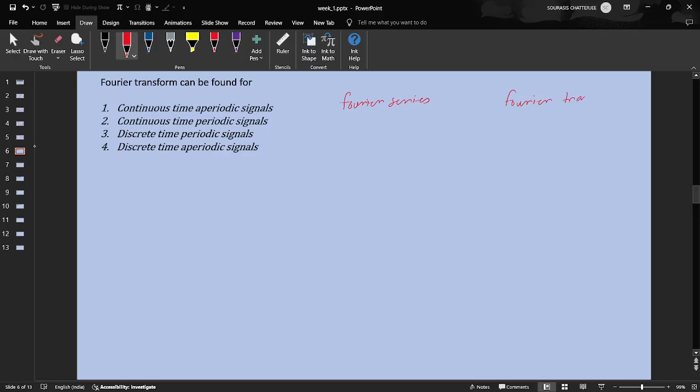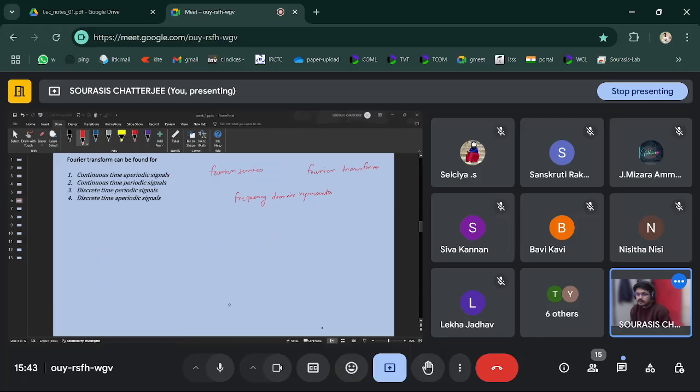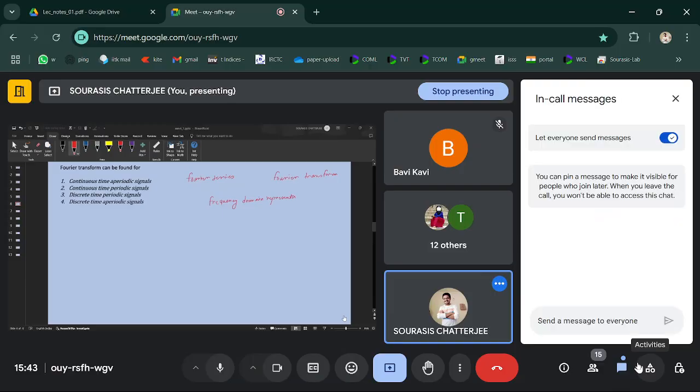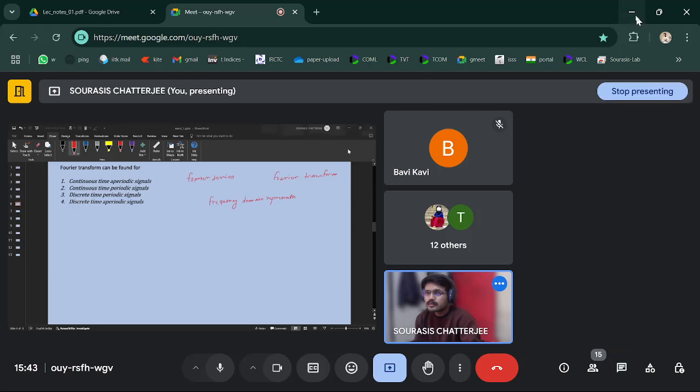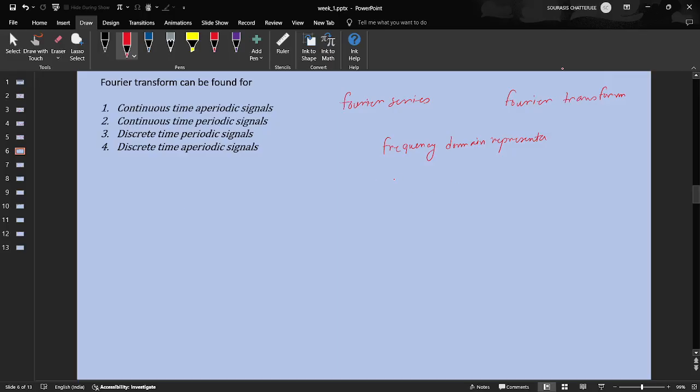Fourier series and Fourier transform are concerned with frequency domain representation of a signal. Basically, they are concerned with the frequency domain representation of the signal.